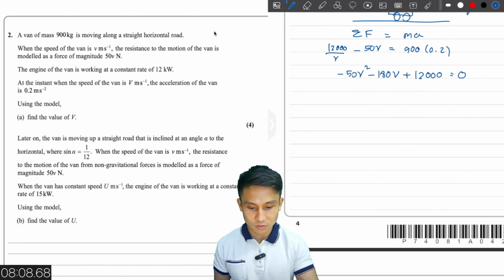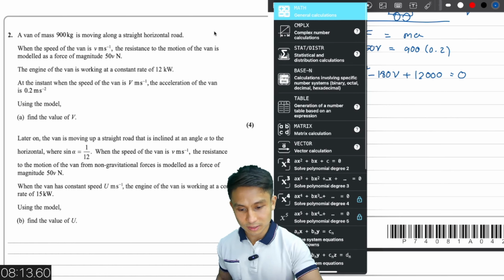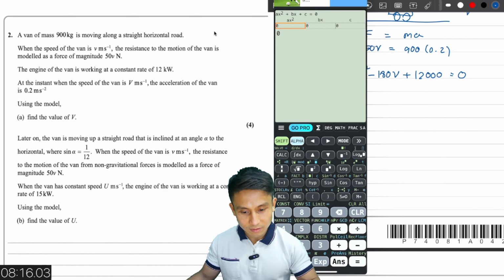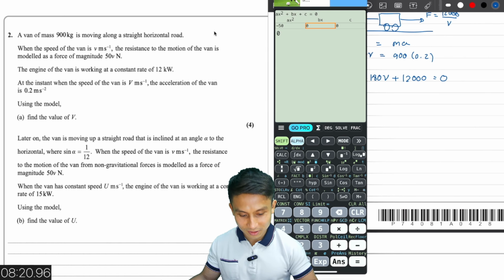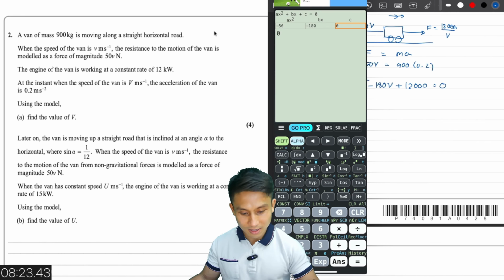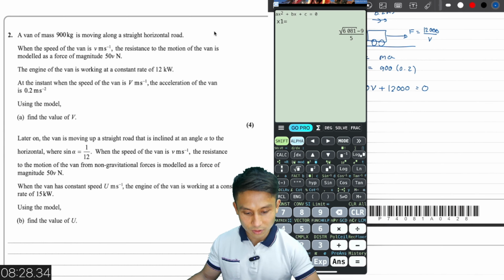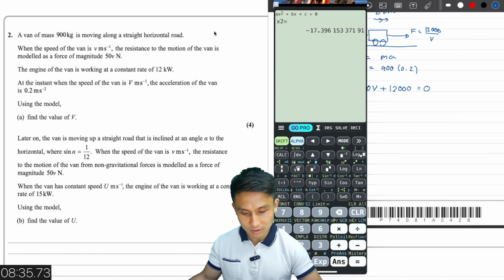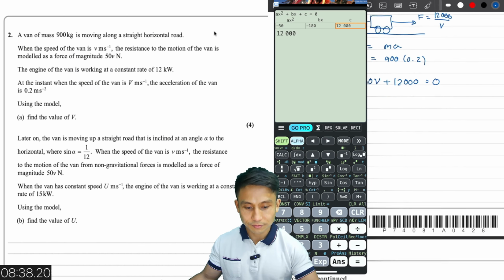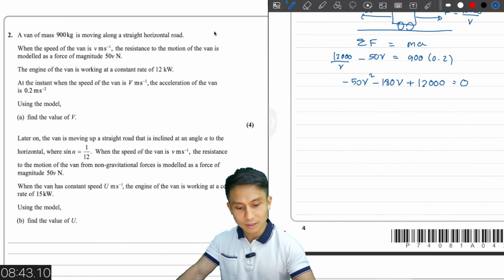I'm just going to use a calculator to check which one works. We can just pretend we solve quadratically, as in using the formula. So minus 180 and then 12,000. There we go. Oh, that's not so nice. Okay, so one of them should work at least. Let me just plug in the values.